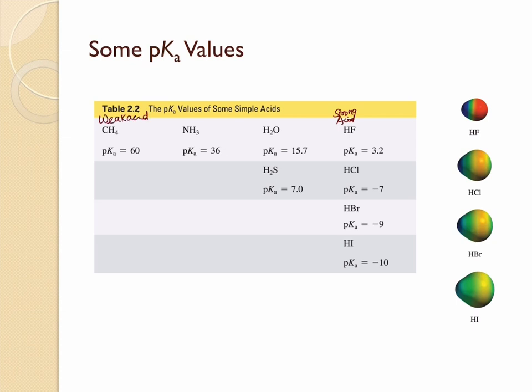But when you compare atoms in a column, the strongest acid is the one which has the largest anion attached to the hydrogen. Say, for example, between HI and HF, HI is going to be the strongest acid because the I minus is well stabilized, where the electrons are spread over a large volume of space.